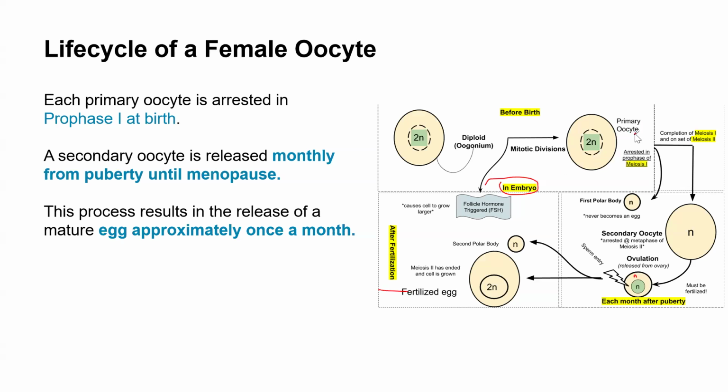Then we have the primary oocyte, which is arrested in a process of meiosis 1. And then we have a completion of meiosis 1 and onset of meiosis 2. And then after fertilization, we have a secondary polar body. And this process is triggered by follicle stimulating hormone. So this is what happens. It is actually the secondary oocyte that is released every month.